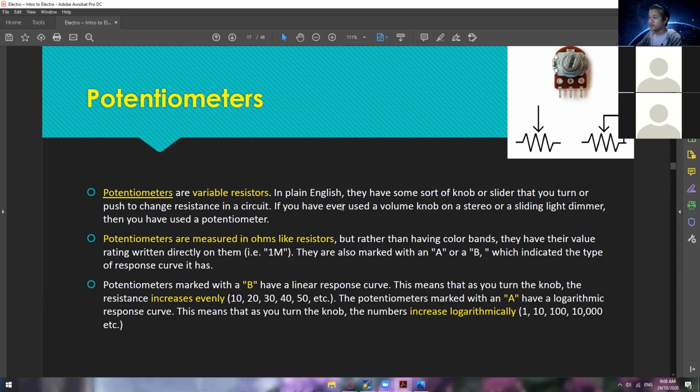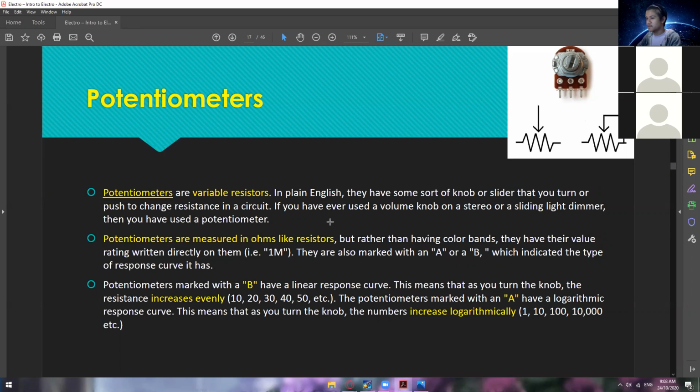If you have ever used a volume knob on a stereo or a sliding light dimmer, then you have already used a potentiometer. Is there anyone here who hasn't used a potentiometer yet? Or maybe you have already used it, but you didn't know that it is a potentiometer. In some old radios, we have this one, to control the volume or to control the signal.